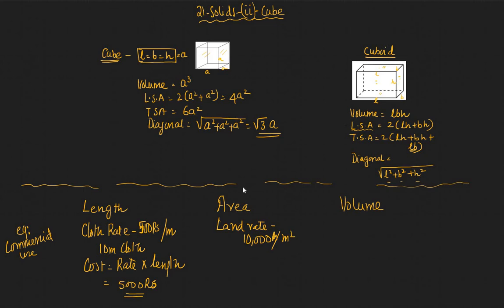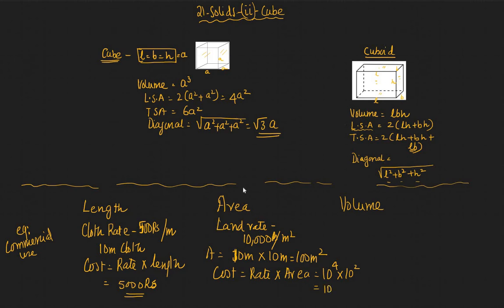So how much would it cost for a 10 meter by 10 meter land? Okay, so the area of the land is 100 meters squared. So your cost equals rate into area equals 10,000, which is 10 power 4 into 10 power 2.